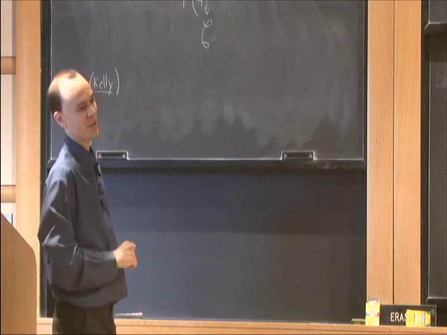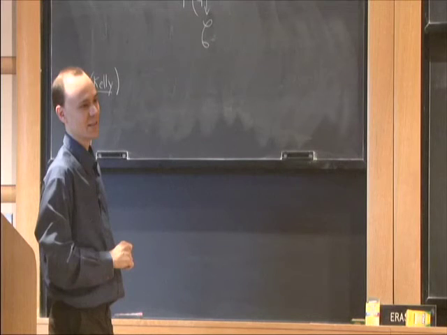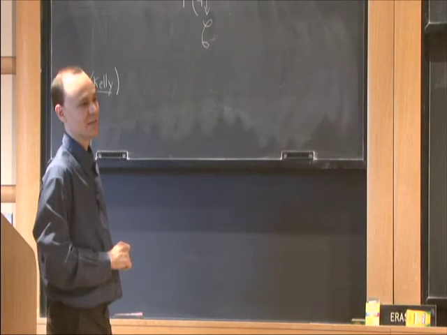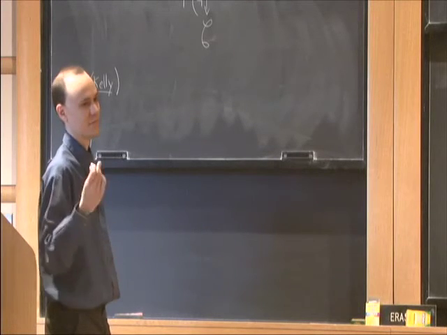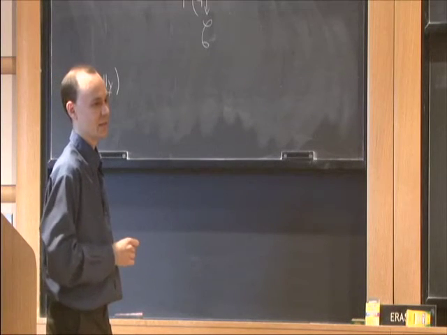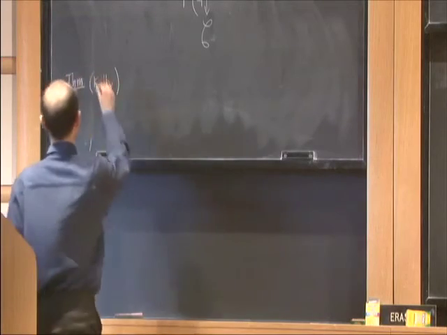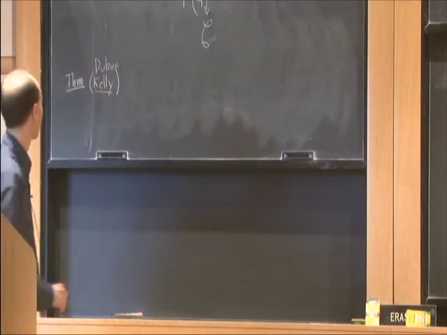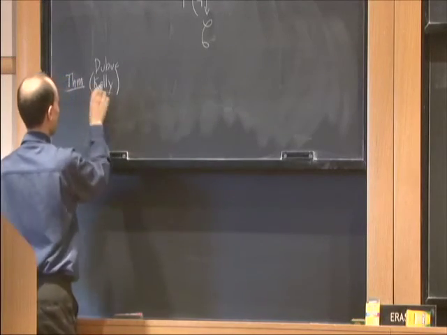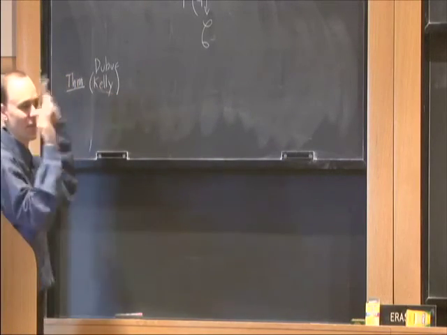I don't remember. Anybody know? Maybe 1980? 78? Maybe. We may have to look. As I said, I'm not necessarily attributing the theorem to Kelly, but that's the canonical reference to look for.